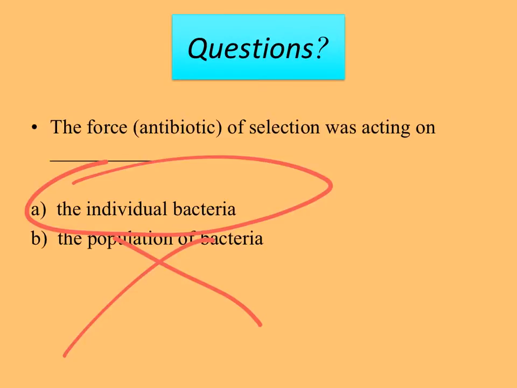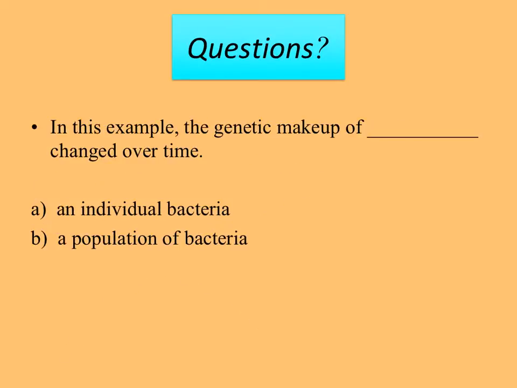The antibiotic has a direct force on individuals in the population, some of which survive better than others, then the population changes. So there's a difference between selection and where it's acting, and then evolution in a population. The genetic makeup of a population of bacteria changed over time. Right, exactly.